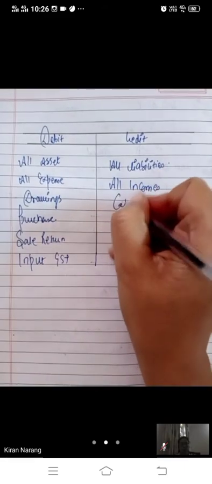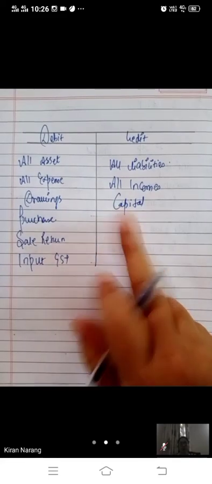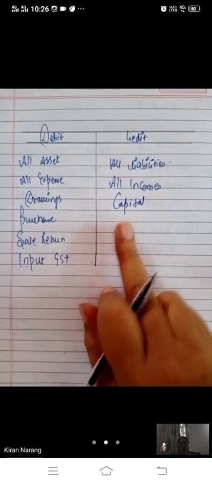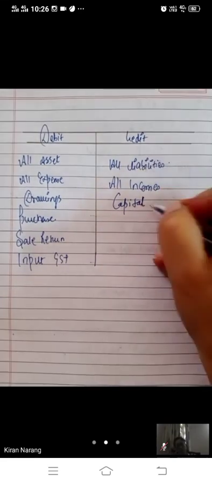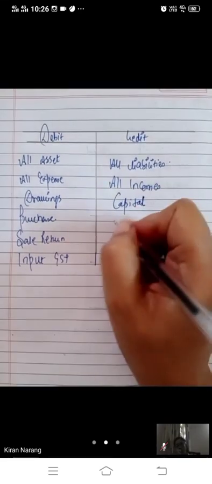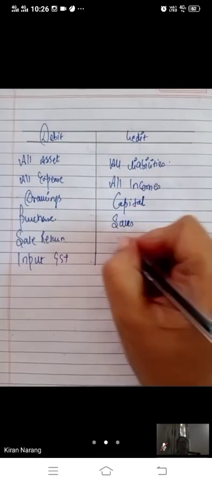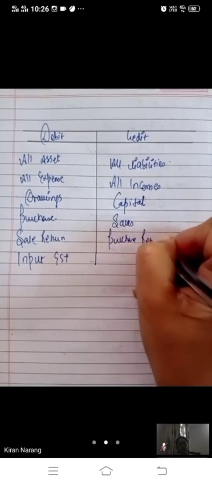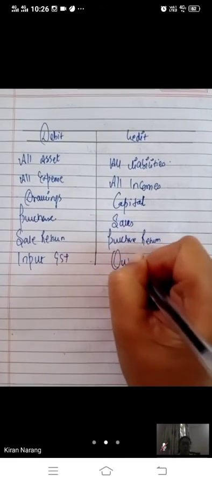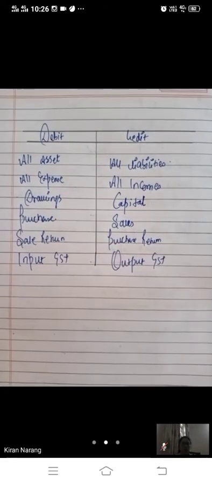Then capital; just opposite to these items are written on the credit side. So drawings which we have withdrawn, capital which we have introduced. Capital is of credit nature because it is an internal liability. Then sale, credit, what goes out. Then purchase return also goes out. Then, bache, output GST, whether it is SGST or CGST, you have to write it here.